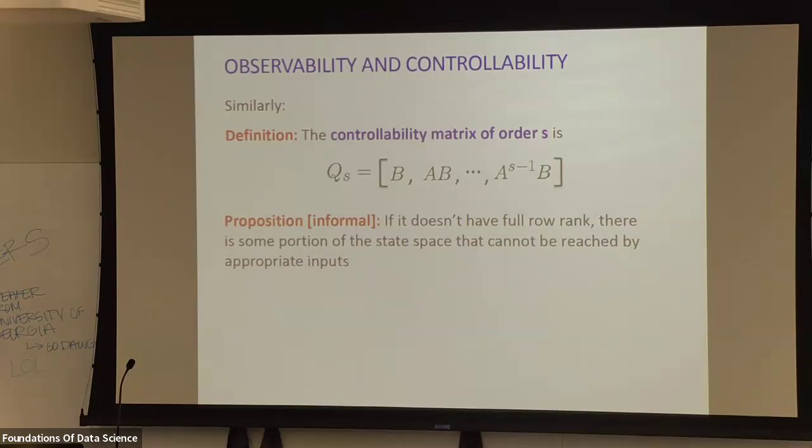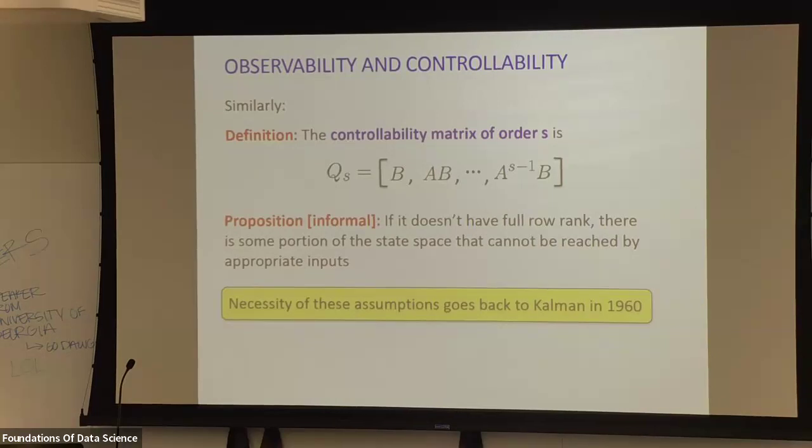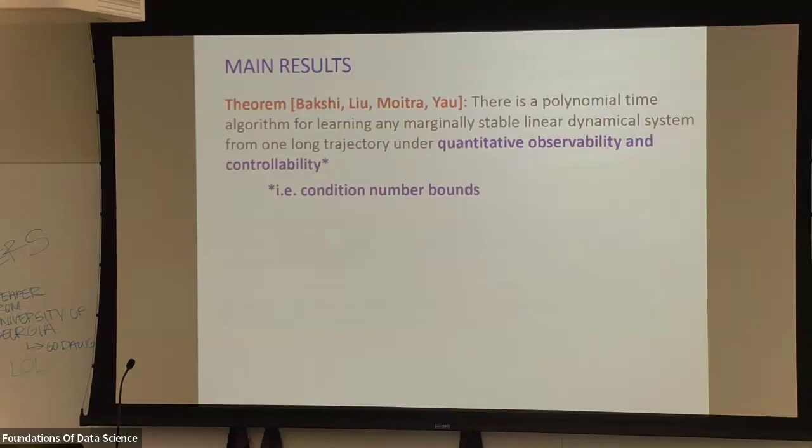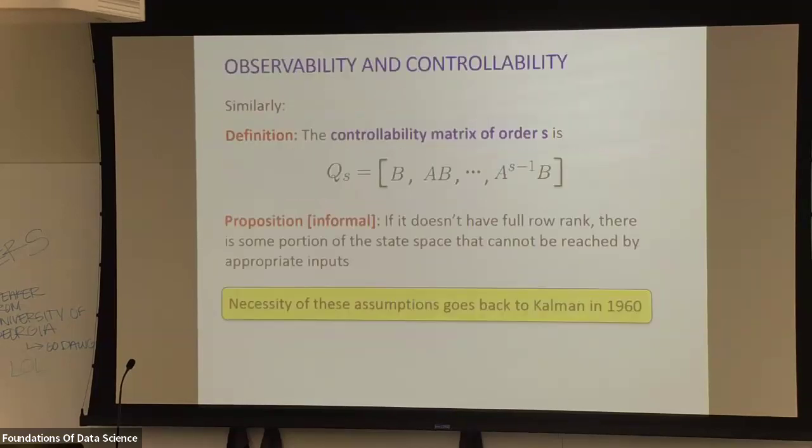There's some direction in which I cannot create movement, even if I choose the right control. So the proof works the same way, and the necessity of these assumptions goes back to Kalman's original work in 1960.